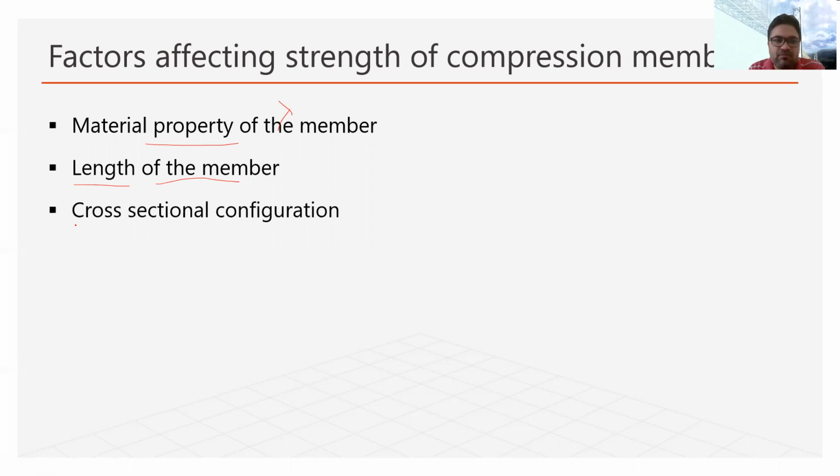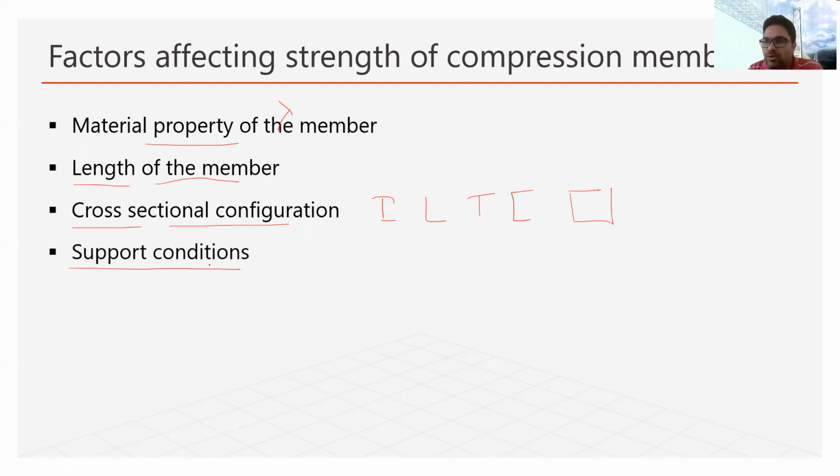Next is the cross-sectional configuration: what kind of cross-section the member has, whether it is an I section, L section, T section, C section, circular section or square section. The cross-section also affects the strength of a compression member. Then the support conditions.